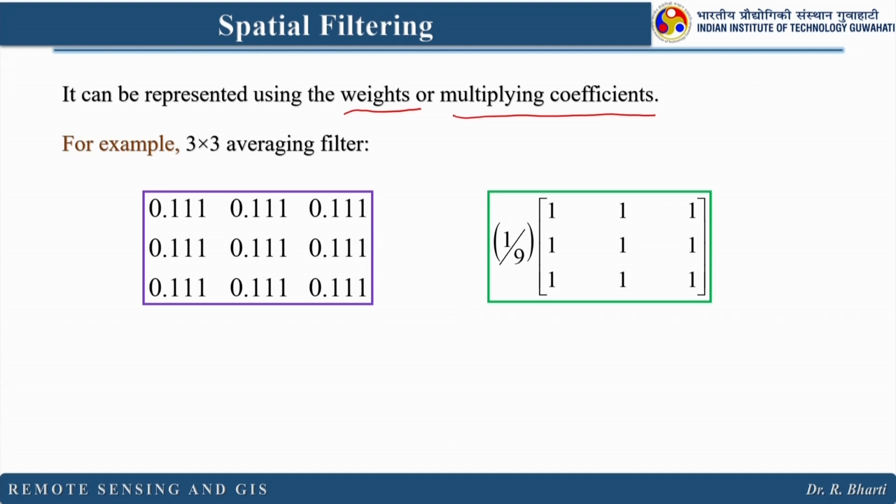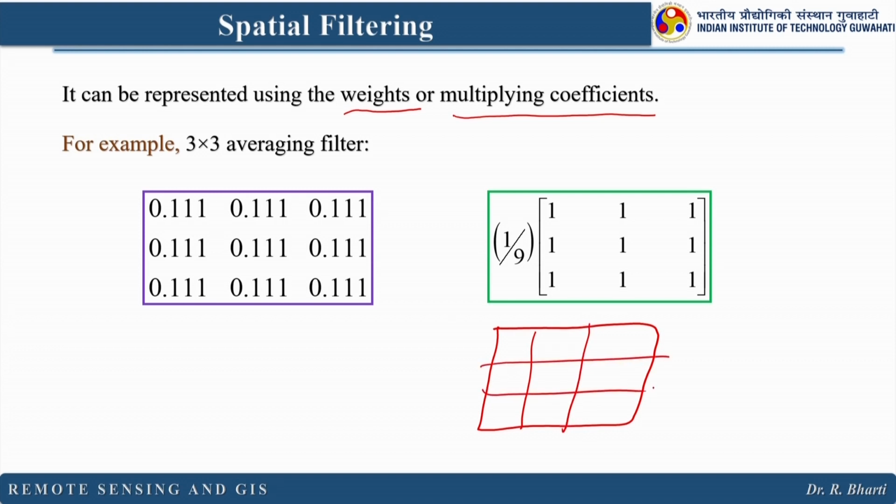Just imagine you have an image of 3 by 3 pixels, and it has some values like 20, 30, 40, 30, 60, 20, 15, 18, 9, and you want to apply this averaging filter. Then you have to apply this or this to this particular image.